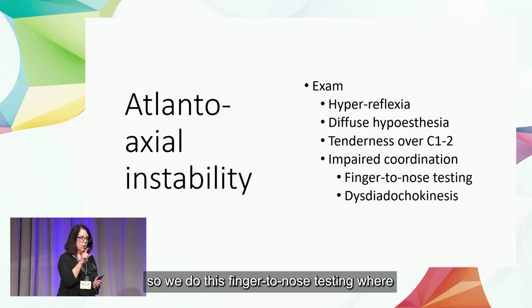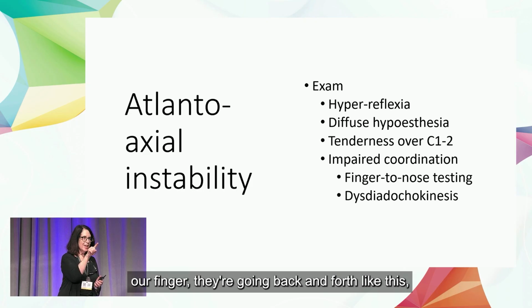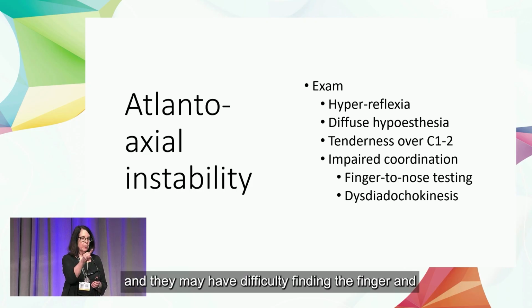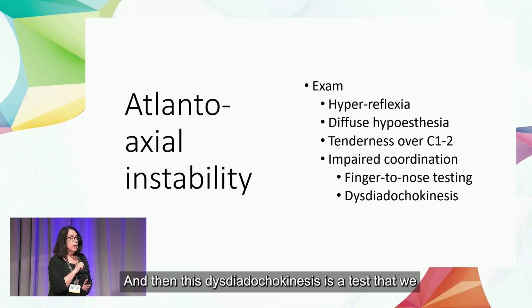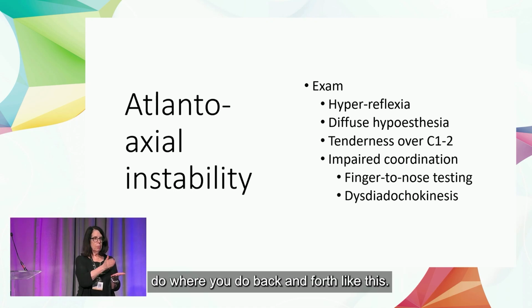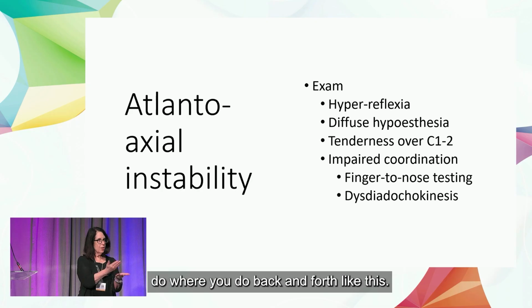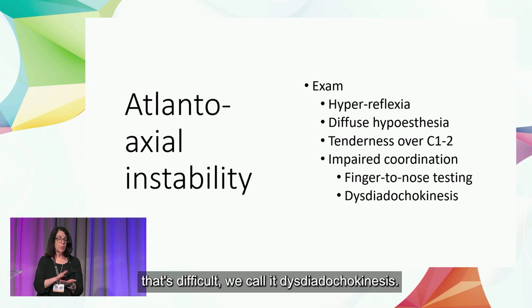So we do this finger to nose testing where we ask people to touch their nose and then our finger. They're going back and forth like this, and they may have difficulty finding the finger and sometimes even finding their own nose. And then dysdiadochokinesis is a test that we do where you go back and forth like this. It's just a coordination test, basically. And if that's difficult, we call it dysdiadochokinesis.